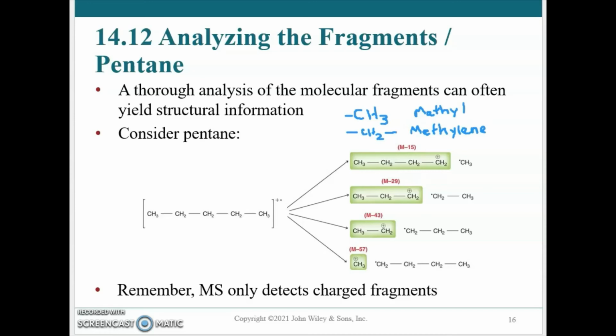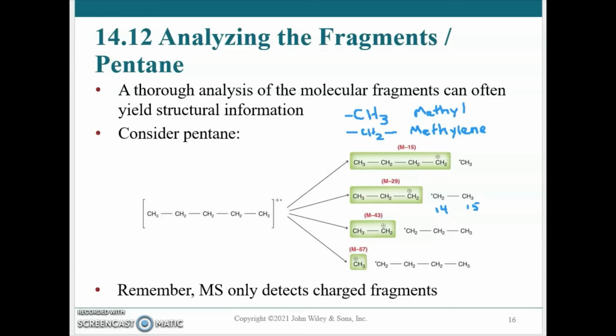So when we lose a methyl, this is 15, 12 plus 3. When we lose the methylene group, this is 12 plus 2, that's 14. So together, this is 29.